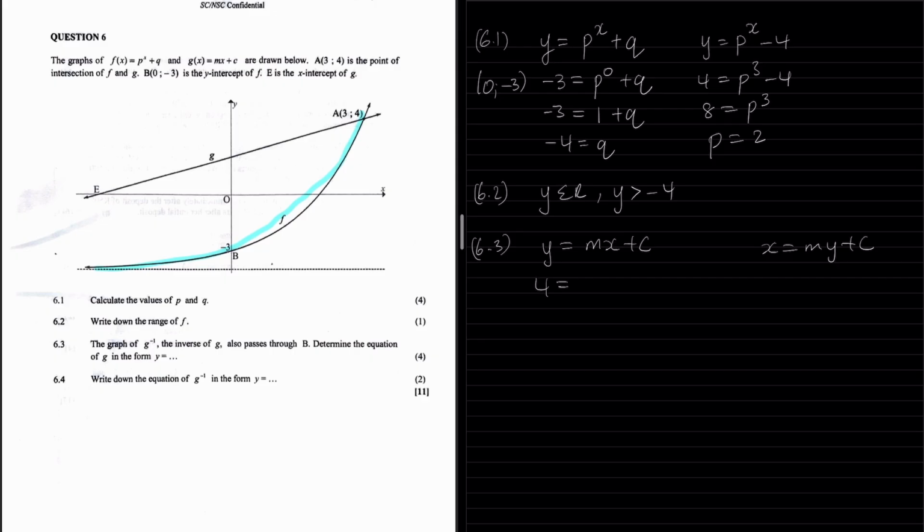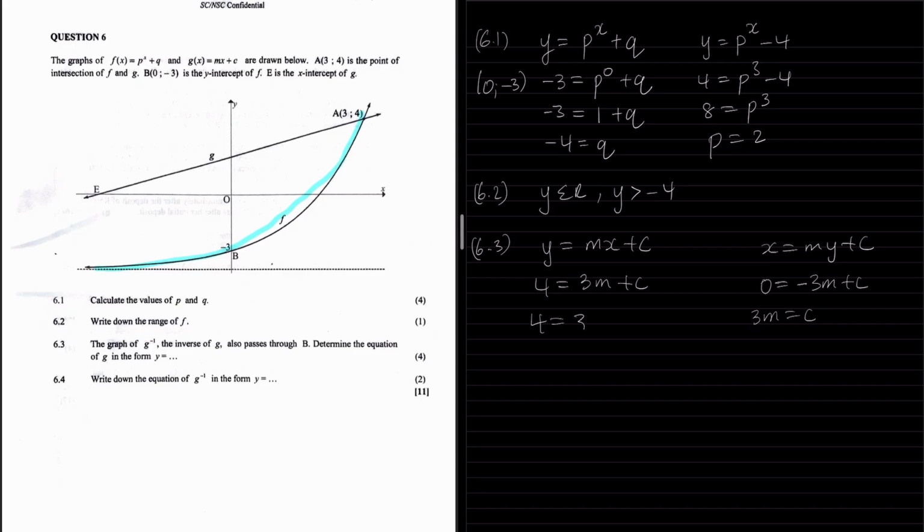4 = 3m + c. And now for the inverse, they tell me that it passes through B. So I can substitute the coordinate for B in. So 0 = -3m + c. And so I can just write here 3m = c and substitute this into my other equation.